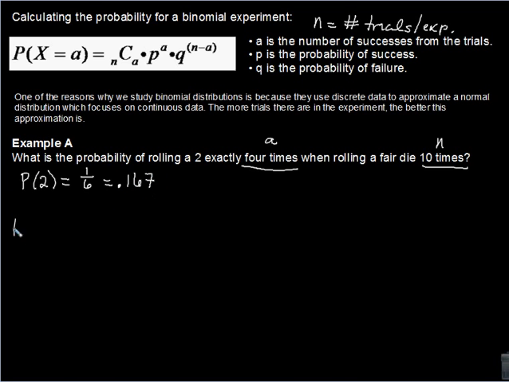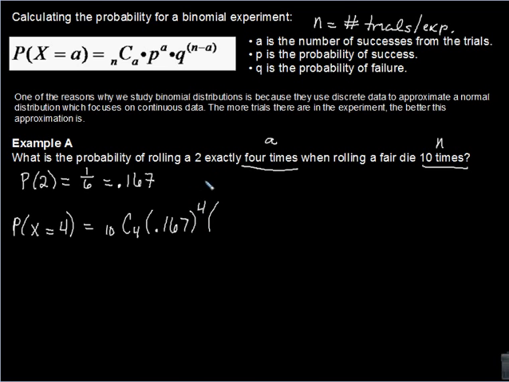Okay, so the probability that we will get exactly 4 of them is 10C4, because we have 10 times combination. We want four 2s. And then the probability of a 2 is 0.167, and we want 4 of them, so to the 4th.